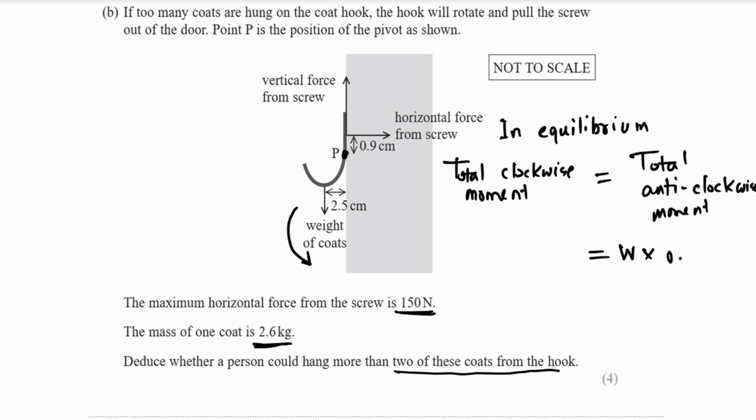perpendicular distance from the pivot to weight of the coat is 0.025 meter, because 2.5 centimeter, we have to convert this centimeter into meter. And so weight of the coat produces anti-clockwise moment, and 150 Newton is the maximum horizontal force by the screw.